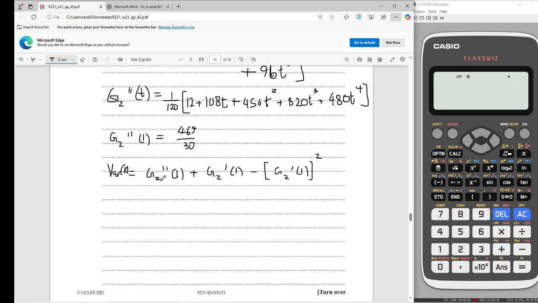Okay, so using the same formula we can just do 469 over 30 plus 13 over 3 minus 13 over 3, the whole square.